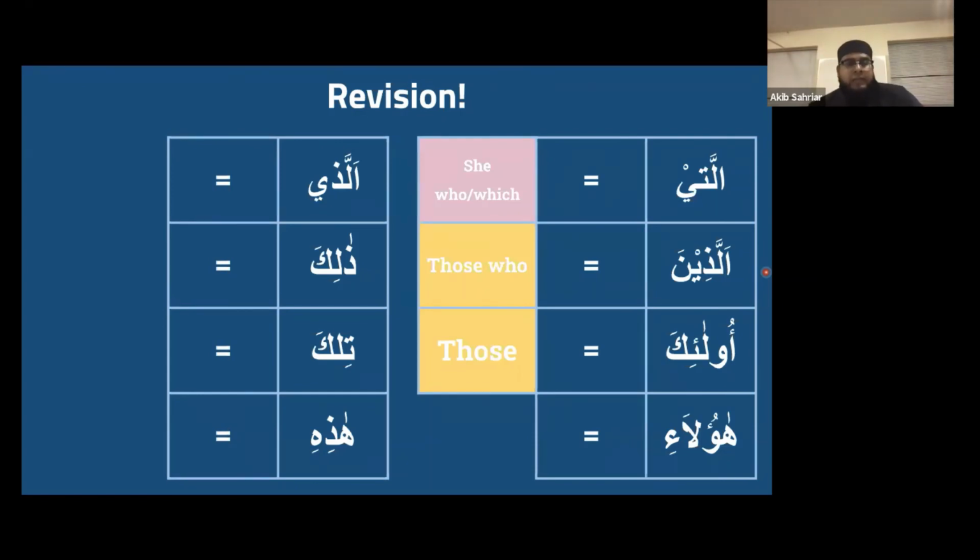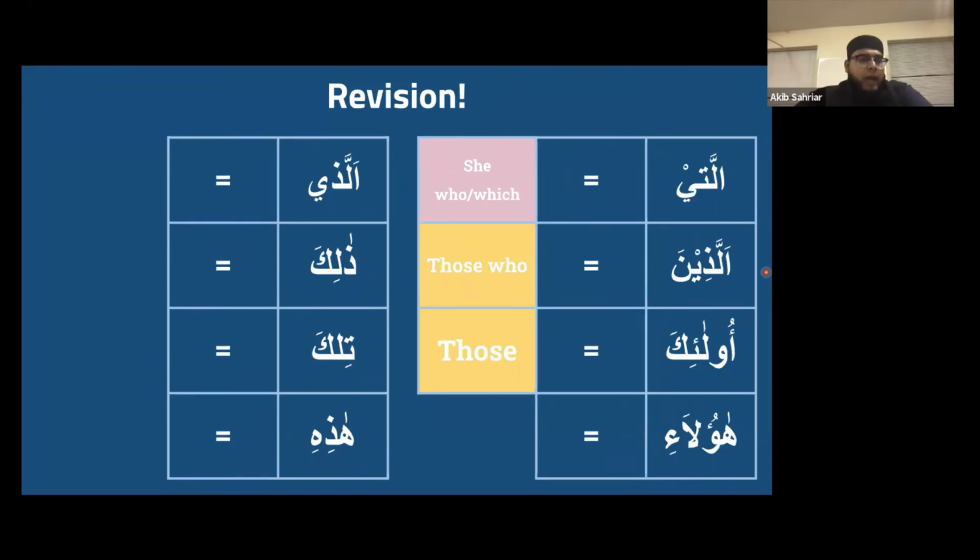For alladhi, alladhina or allati, the noun is usually mentioned before, in the previous verse or previously in that paragraph in the Quran. And with ulaika or haulai, usually maybe a quality or a criteria is mentioned before, and then it's referring back to those people. So the main difference is that one is a demonstrative pronoun, and the other is a relative pronoun.